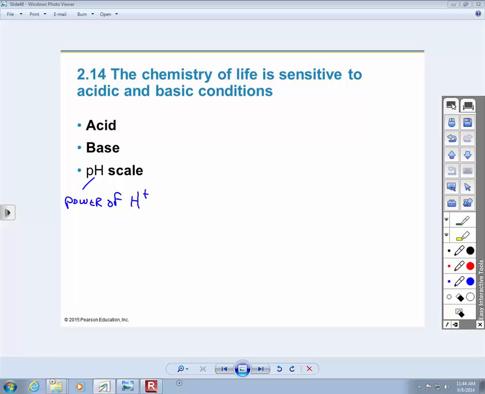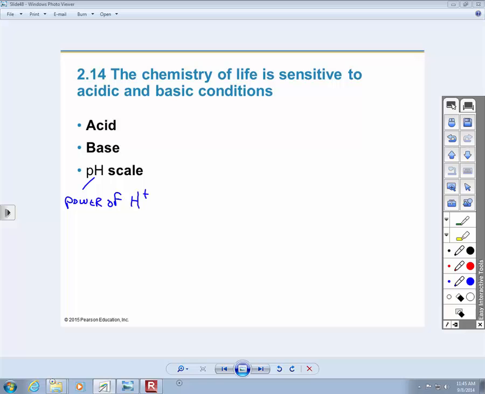What is 10 to the power of 3? 10 times 10 times 10. What is that? 1,000. What's 10 to the power of 2? So that just means how many hydrogens do I have? That's what pH stands for. Power of the hydrogen ion. H stands for the hydrogen ion. P stands for power.